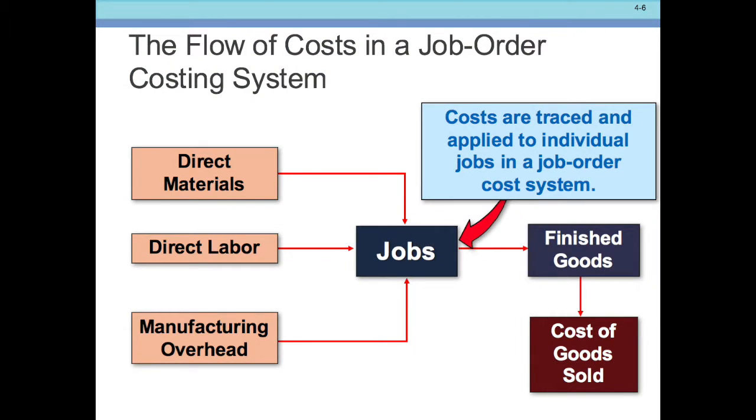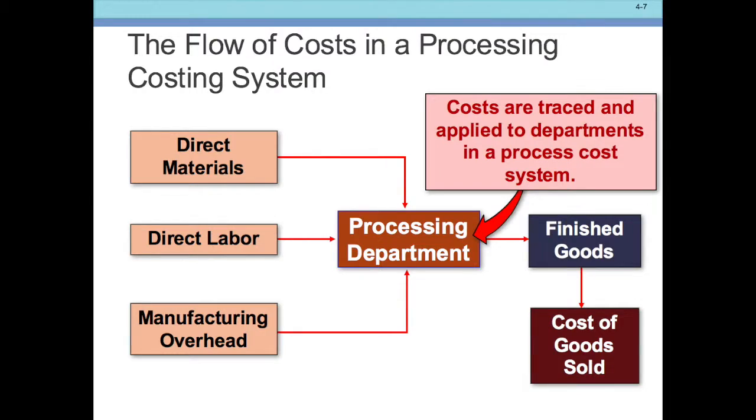The difference, of course, is in jobs the direct material, direct labor, and manufacturing overhead all go to a job, and then the job turns into finished goods, and the finished goods turn into cost of goods sold. In a process system, the direct material, direct labor, and manufacturing overheads are traced to departments, and processing departments are pushed into the finished goods cost, and finally the cost of goods sold is the product goods sold.